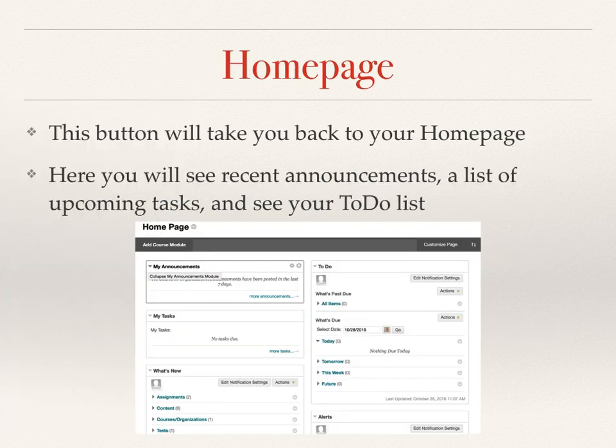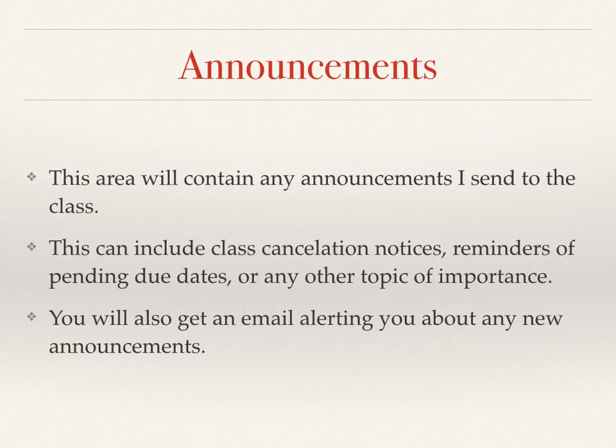The home page, exactly what it says. That button will take you back to your individual homepage. How you like to set that up is up to you. Announcements. This is very important. This is where I will send anything I need to talk to the entire class about. This can include, probably not class cancellation since we're an online class, but maybe reminders of due dates.